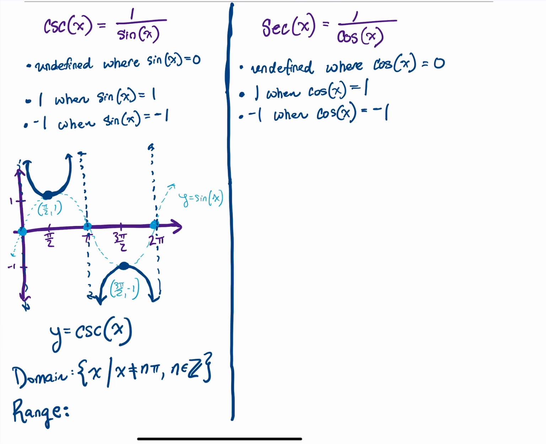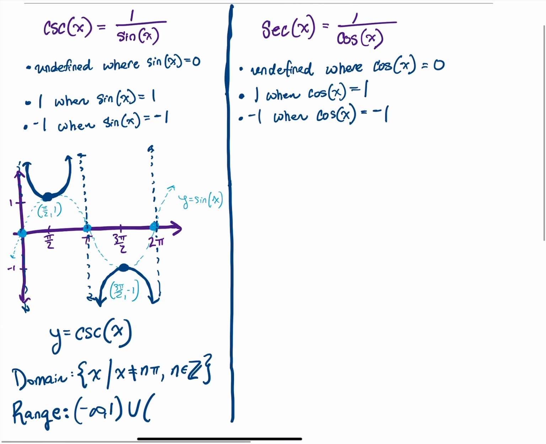So negative infinity to negative 1, union 1 to infinity. So this interval joined with this interval.